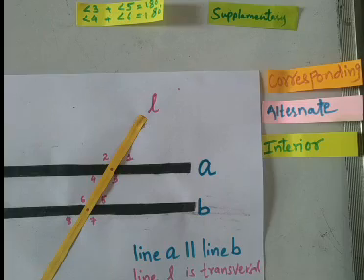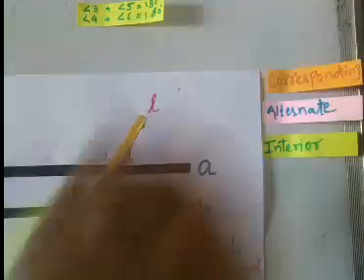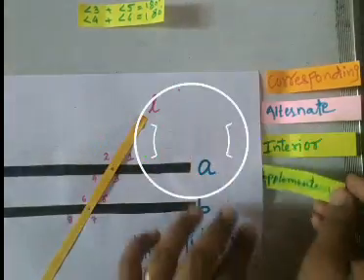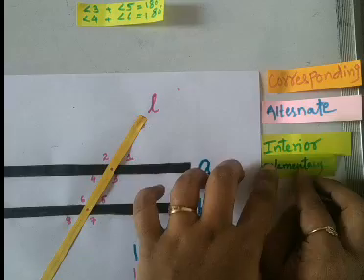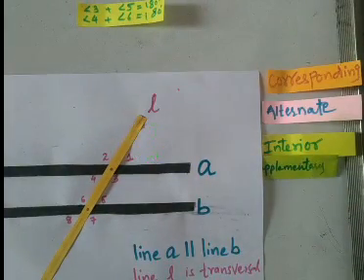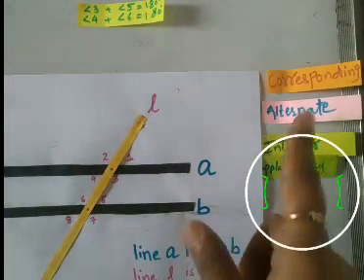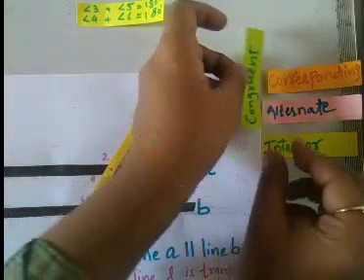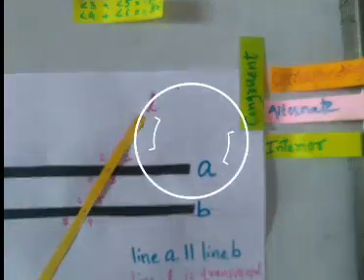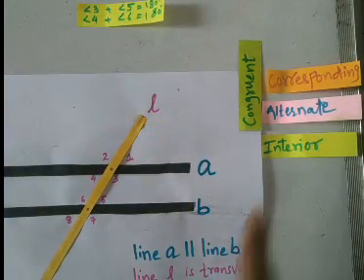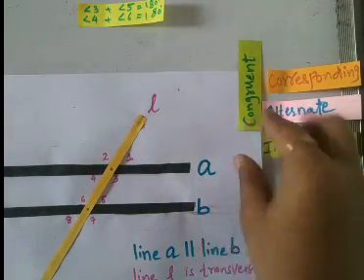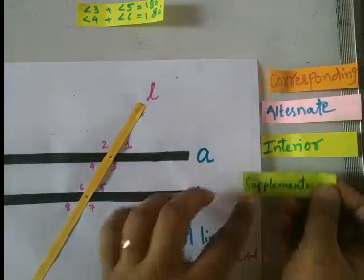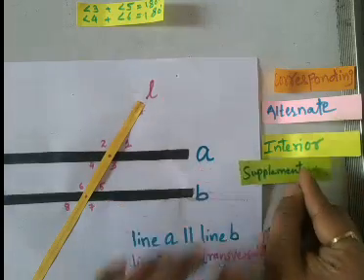We have seen that interior angles are supplementary, and corresponding and alternate angles are congruent to each other. Corresponding and alternate angles are congruent, whereas interior angles are supplementary.